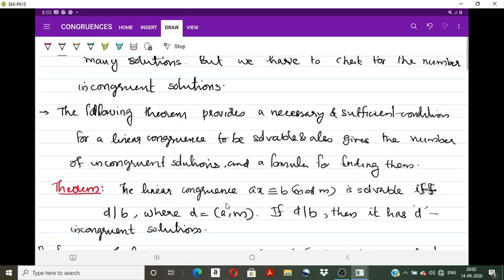The statement is: the linear congruence ax congruent to b modulo m is solvable if and only if d divides b, where d is equal to gcd of a comma m.